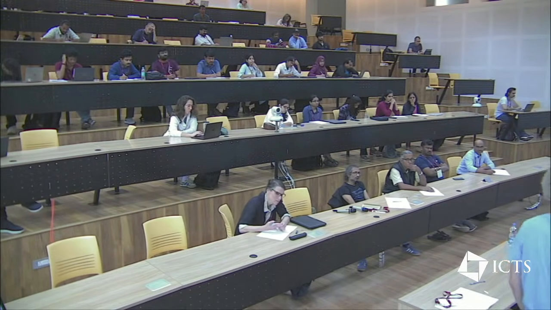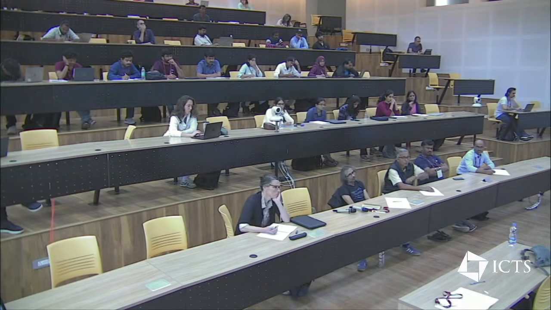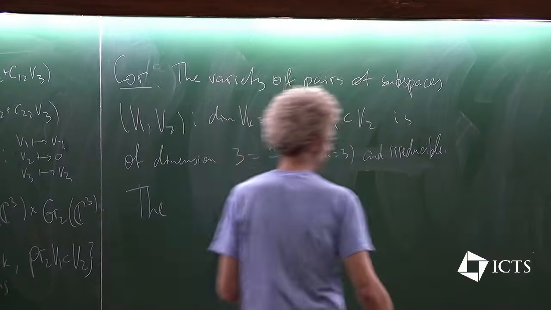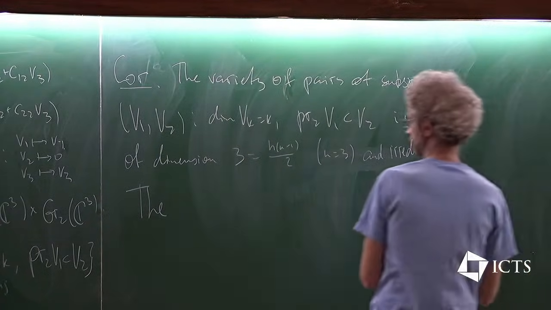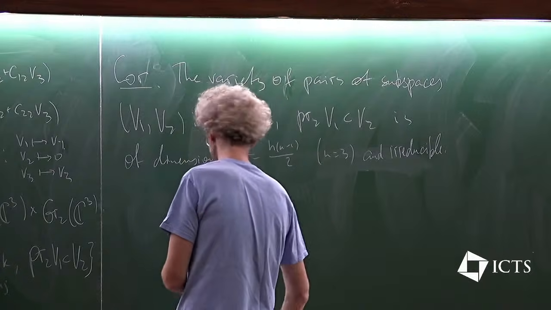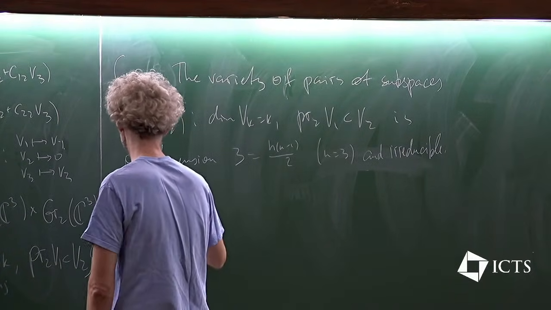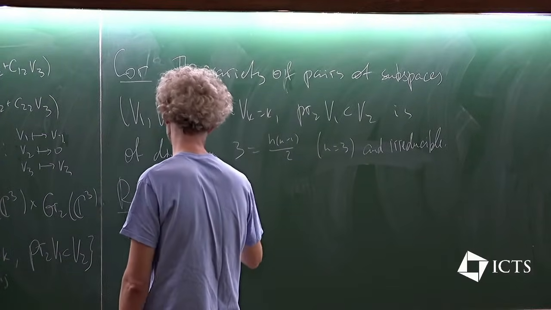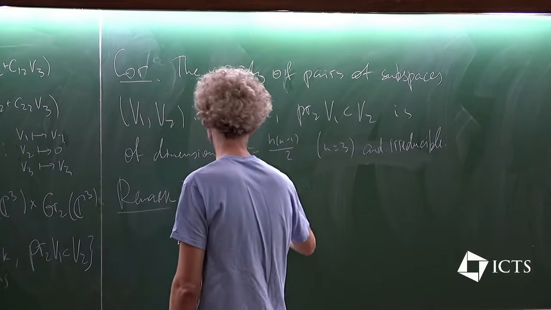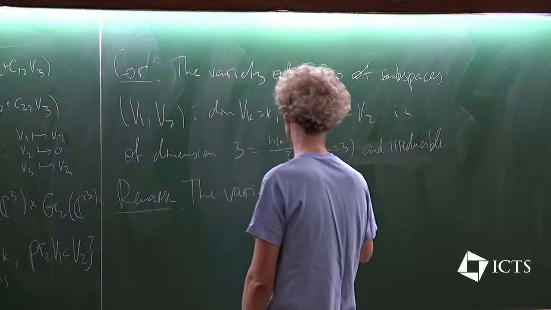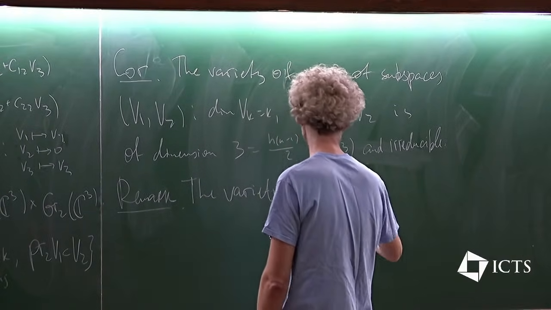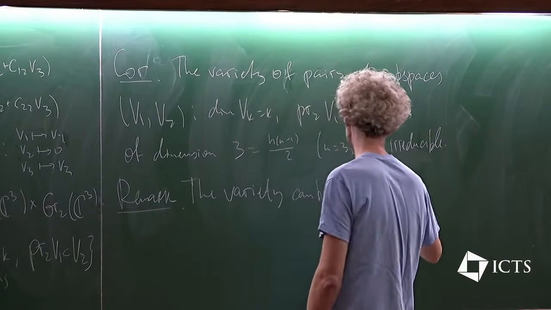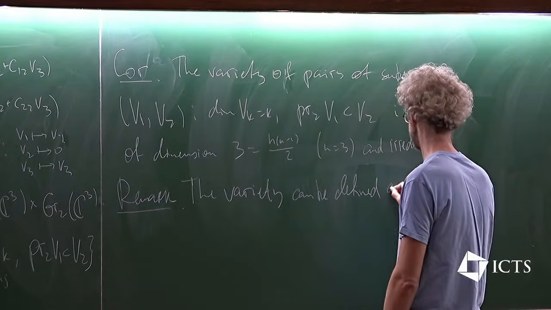So in principle, of course, right. So in principle, okay, maybe it's a good point. So let me add this as a remark. So the variety can be defined in a more conceptual way as follows.